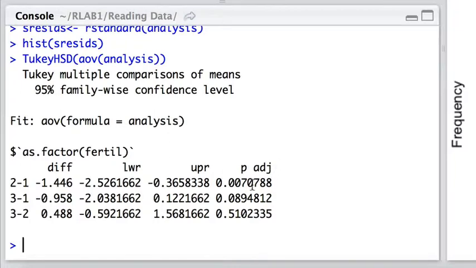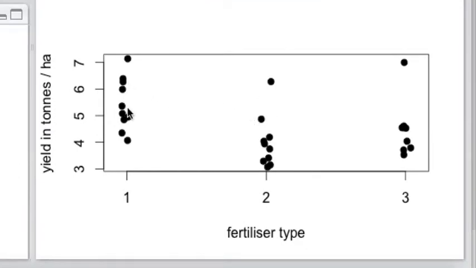What we can see here is that the big difference lies between 2 and 1, and yet we can't really reject the null hypothesis that there is no difference between 3 and 1 and 3 and 2. So 2 and 1 are really the ones that differ from one another, and we can see this if we go back to our original plot here, with 2 and 1 contributing most to that overall difference between fertilizers, rather than 2 or 3.